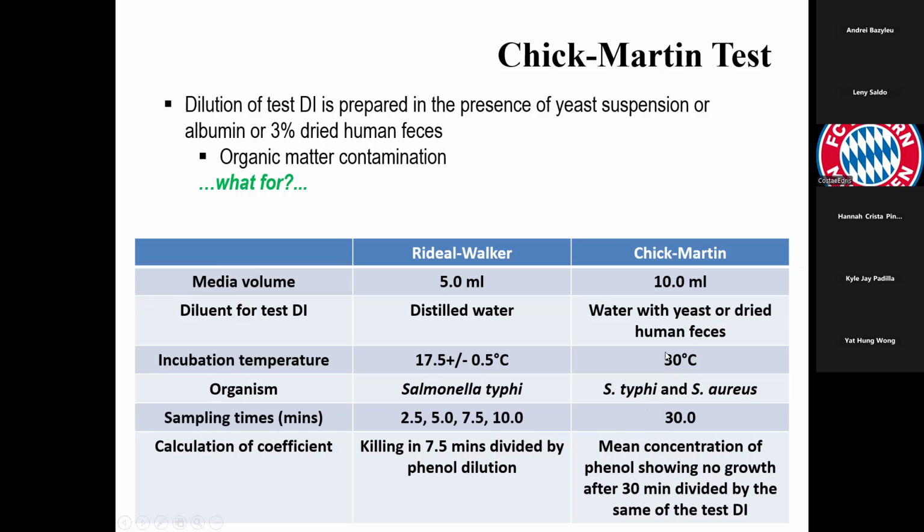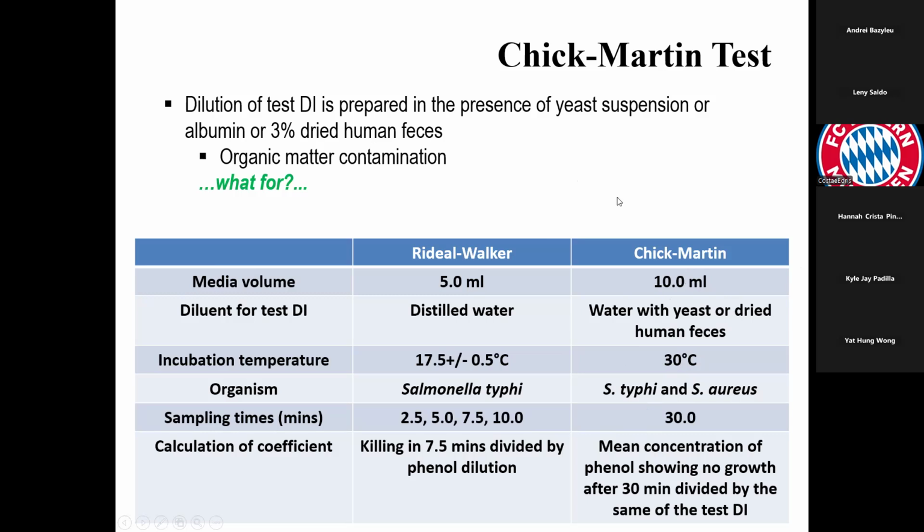Temperature, contamination with organic matter, yeast, human feces, and so on. Even these contaminants, we talked about three: albumin, 3% dried human feces, and yeast matter, mimicking the organic contamination.